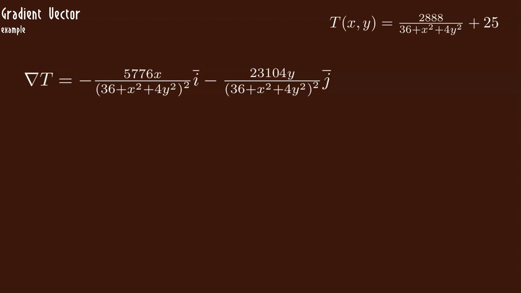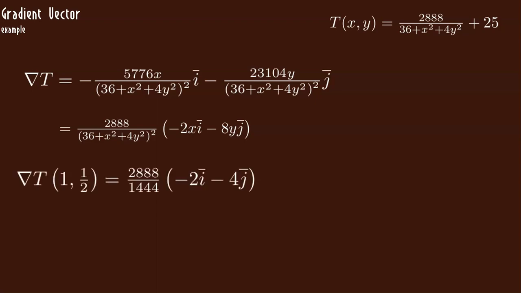Let's get some of these numbers out of our hair. First, I can factor out 2,888 over that gross thing, and I'm left with negative 2x i minus 8y j. So at the point I'm interested in, I get this. And I also notice that 2,888 is twice what's on the bottom. So I'm going to simplify it to 2 times (negative 2i minus 4j).